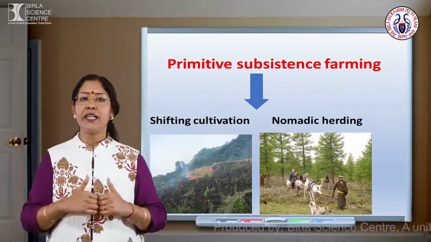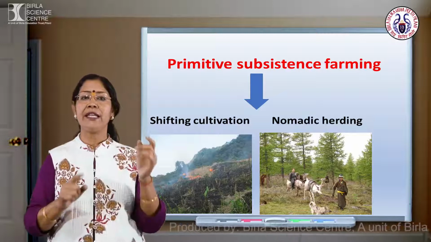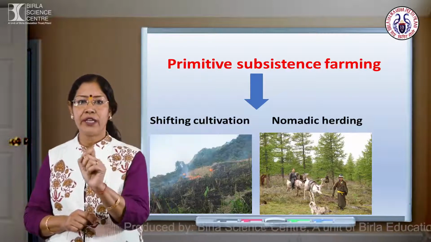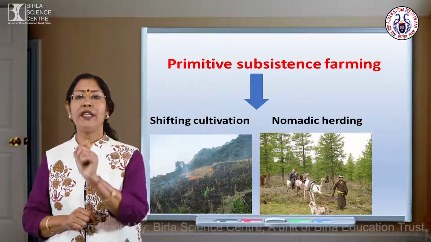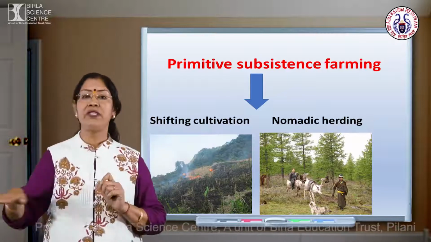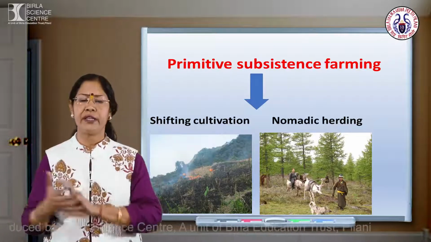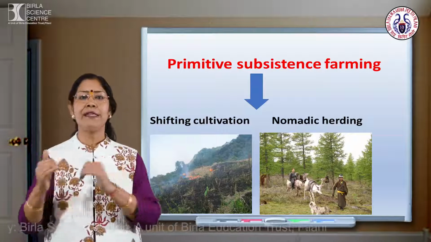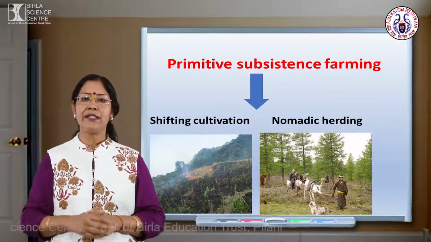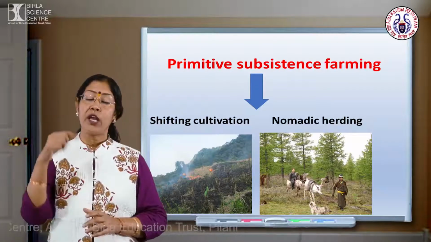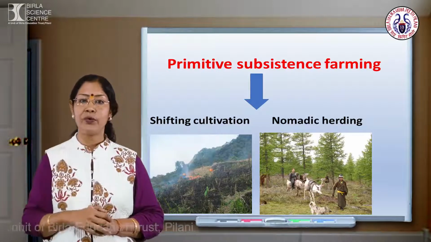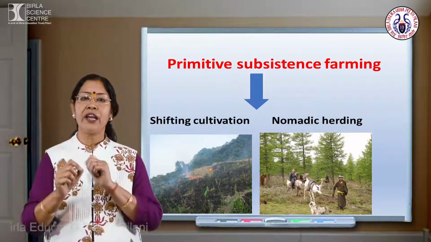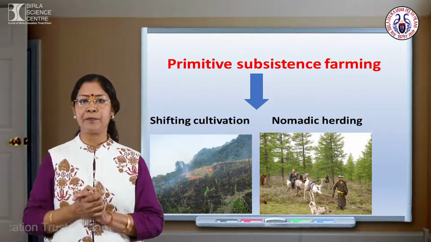Shifting cultivation is practiced in a thickly forested area where rainfall is more and the ground vegetation regenerates very quickly. Here, this method is a little different. Cultivators cut the tree tops to allow the sunlight to touch the ground and set fire to clear the field.